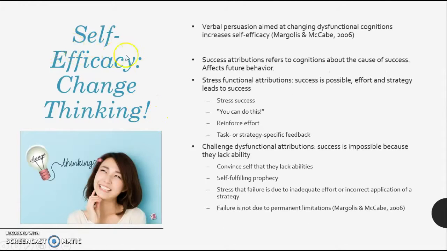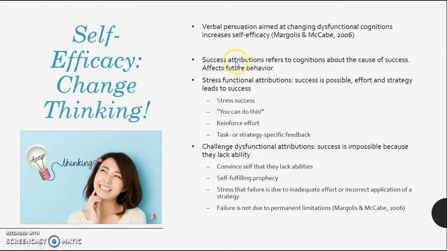All right, we can also increase self-efficacy by changing the student's thinking, through verbal persuasion. Verbal persuasion aimed at changing dysfunctional cognitions or dysfunctional thinking can increase self-efficacy. Success attributions refer to the belief about the cause of success: is it through hard work or is it through ability?